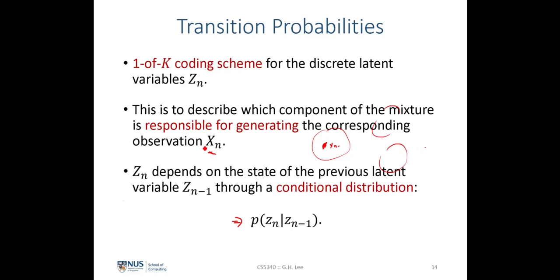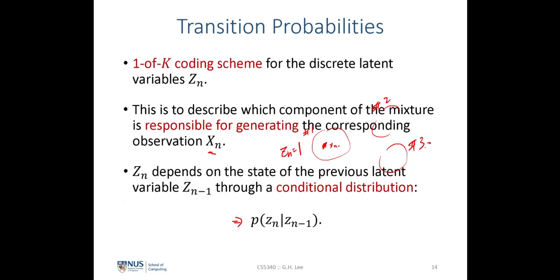So what this means is that the 1 of k coding of Zn is going to tell us which cluster this particular observation of xn is going to be assigned to. So suppose in this case, this is my cluster number 1, cluster number 2, cluster number 3. And if xn belongs to cluster number 1, then Zn is going to be equal to 1 over here.